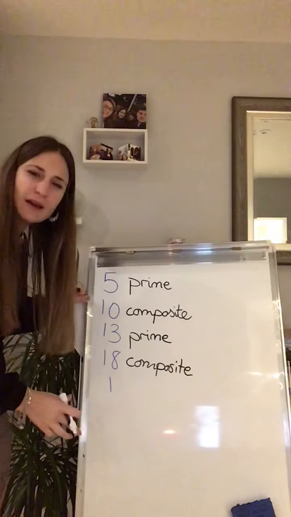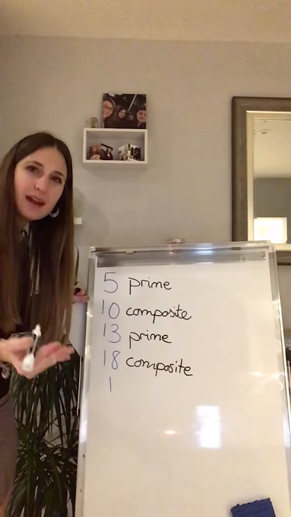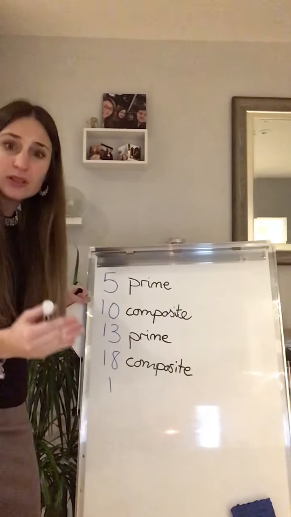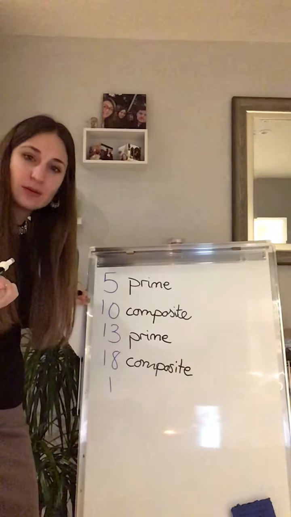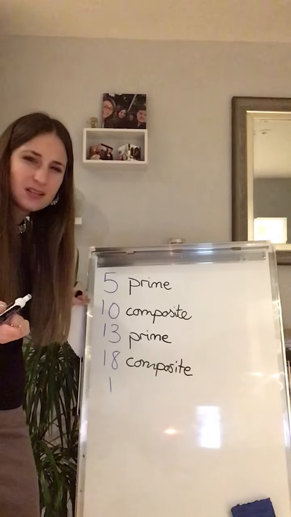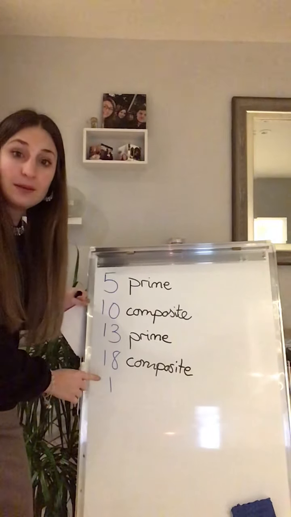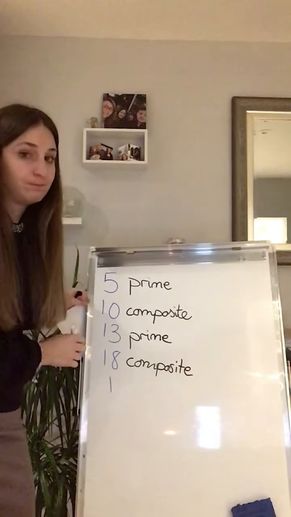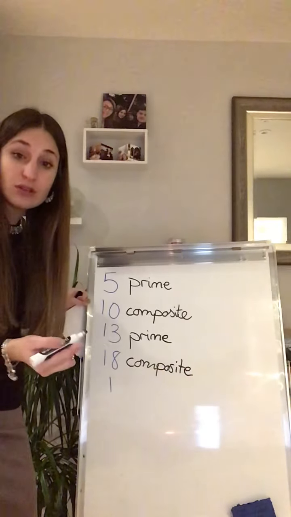1. Some of you said prime number, but 1, how did you get 1? 1 times 1. So that is 1 factor. You don't get 1 any other way. So has it got more than 2 factors? Can it be a prime number? Can it be a composite number? No, because it hasn't got more than 2.